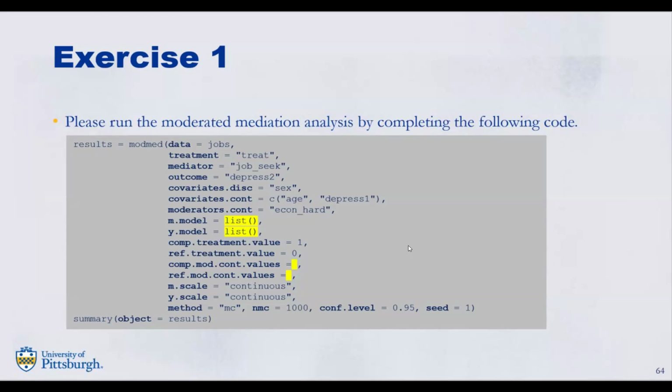What you want to do is to download the data set that I emailed you earlier, and then open the R code with the name exercise or exercises, and then you can run the code and then fill out the mediator and outcome model and those two values of the comparison and reference moderators, and then see if you can get the results.